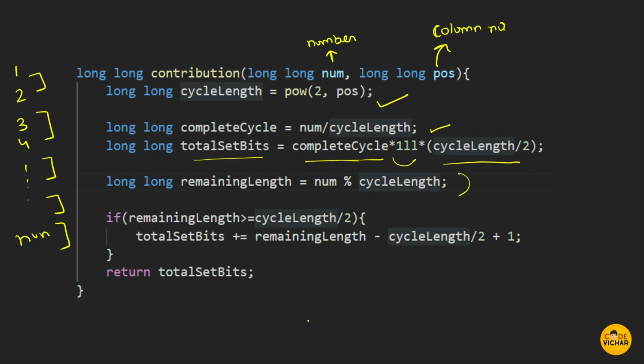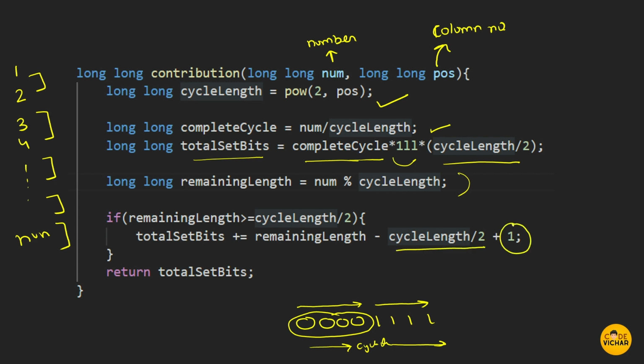And as we know, if we consider a cycle of length 8, it will look like this: the first half will contain zeros and the second half will contain ones. So we check whether the remaining length is greater than or equal to cycle length by 2 or not. If yes, then we ignore the first half, obviously, so we subtract the first half.